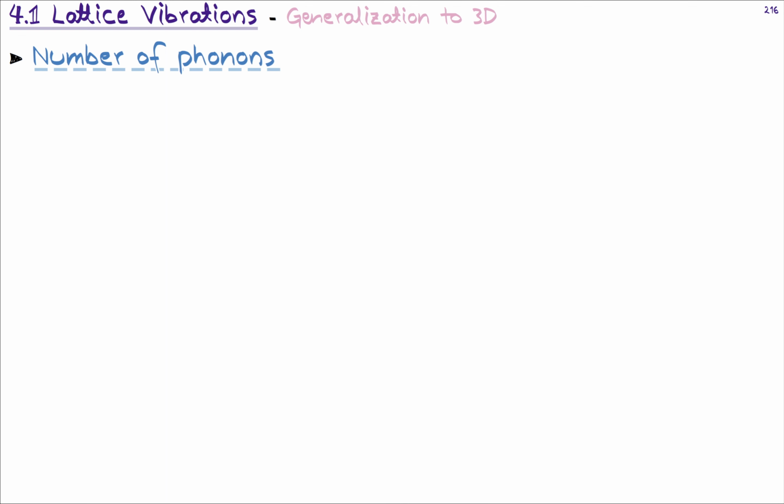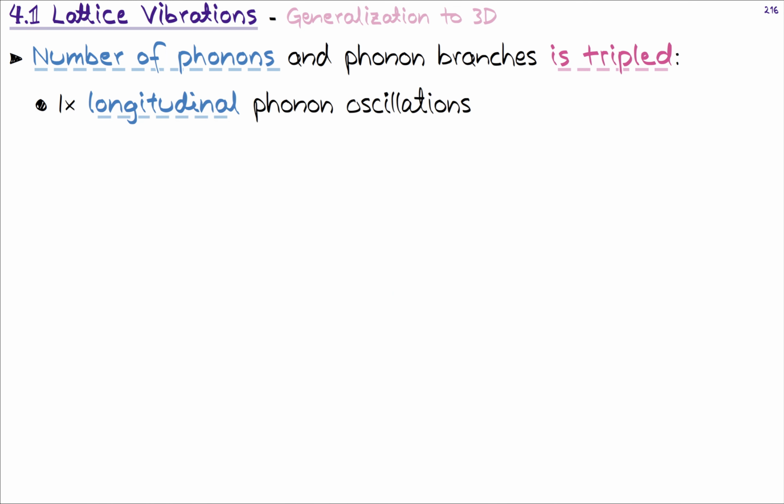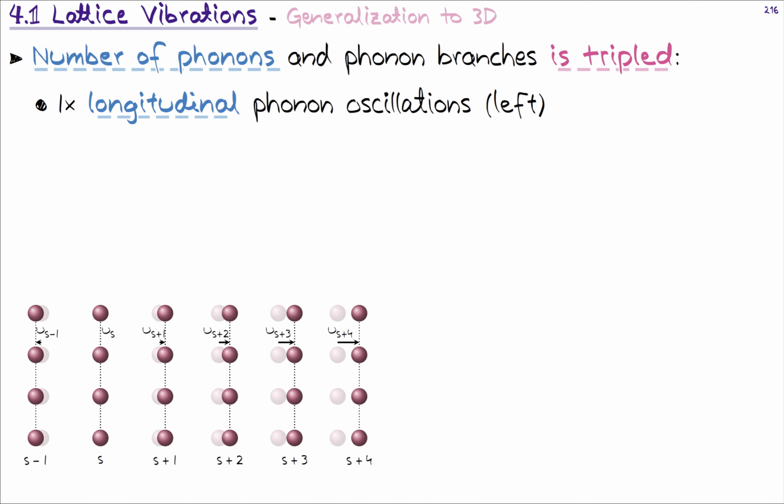So what will happen first of all to the number of phonons and phonon branches is that they get tripled. The reason is that in the 3D case, we may have one longitudinal phonon oscillation branch, shown on the left-hand side of the figure, where the atoms oscillate along the direction in which the phonons are also propagating.